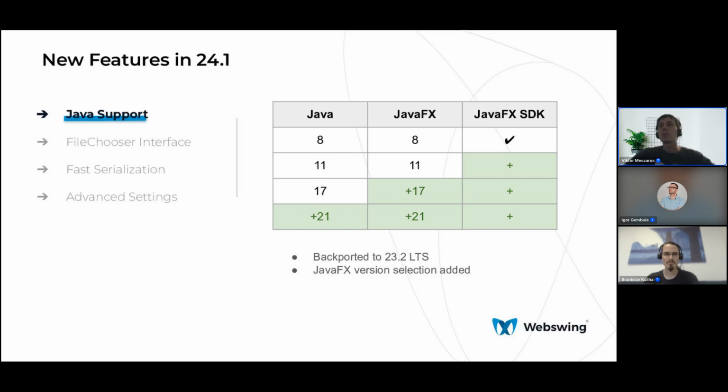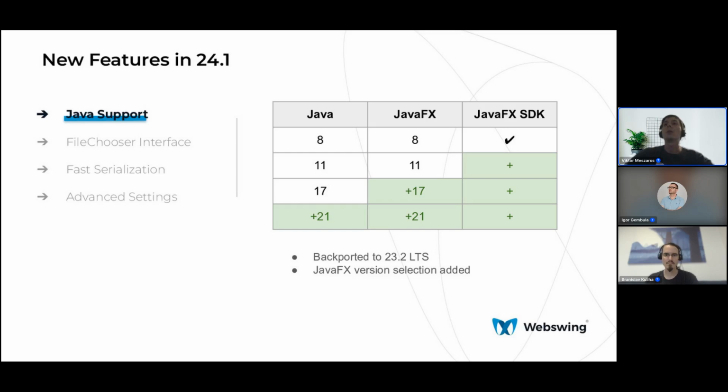So in addition to the Java 21 support, we also added JavaFX support. Before this release, we only had a single toolkit implementation that supported JavaFX versions 8 and 11.